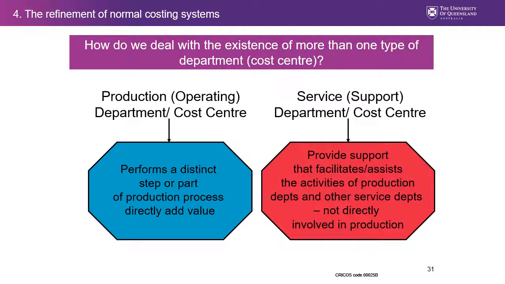A service department provides support that facilitates or assists the activities of the production department and other service departments. So it's not directly involved in production, but it provides support to that production department, things like accounting or administration or cleaning, repairs, maintenance.